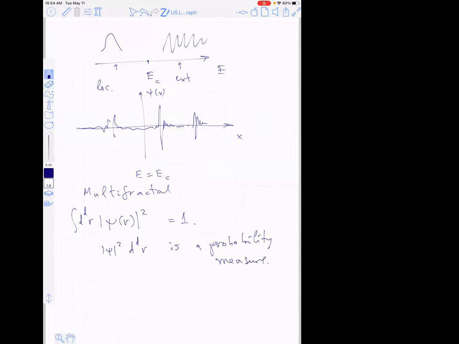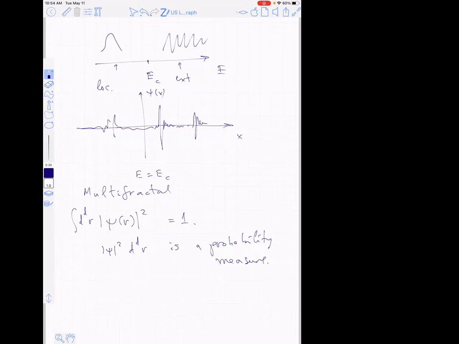And what I want to do is study this probability measure using the multifractal analysis, which is exactly geared toward this kind of situation where this density, psi squared, is very, very non-uniform. It's very large somewhere, very small somewhere else.